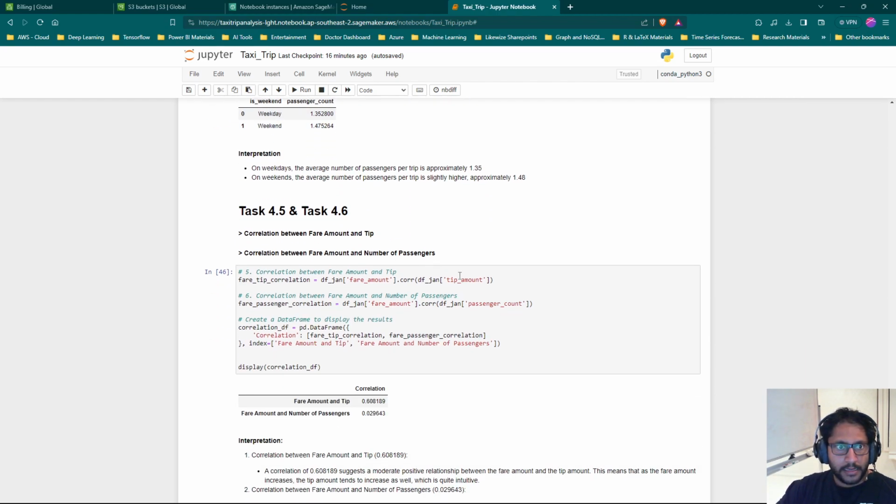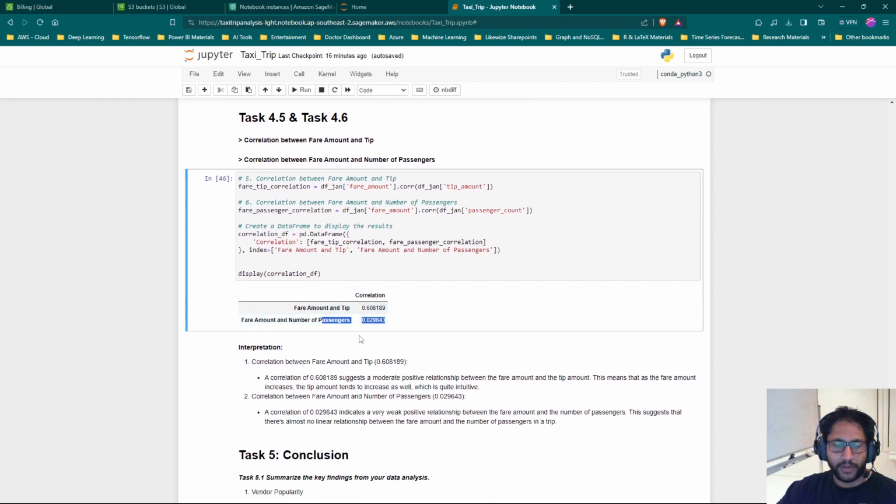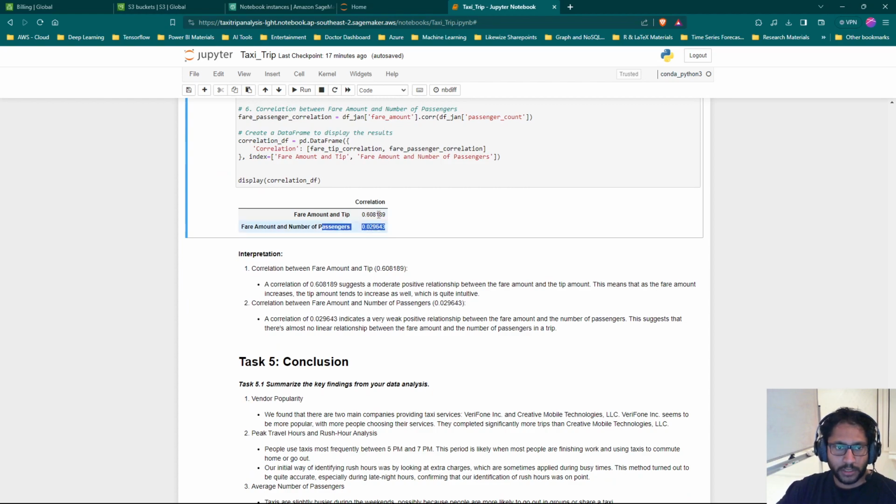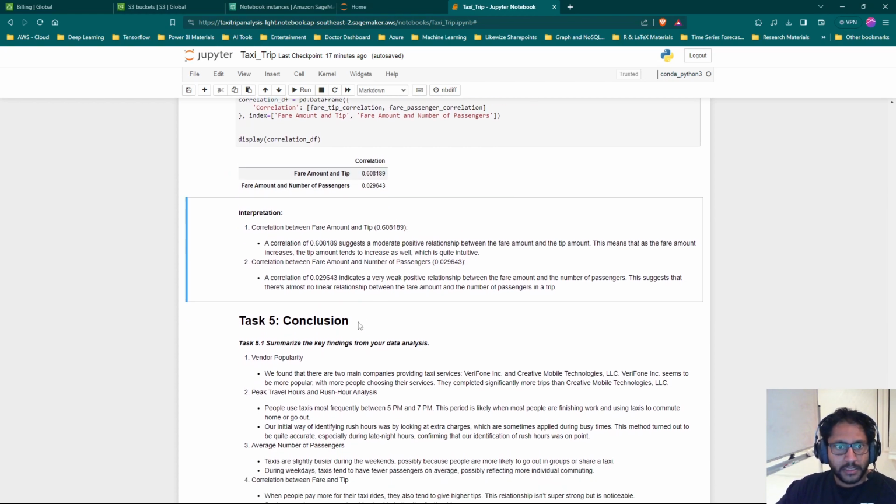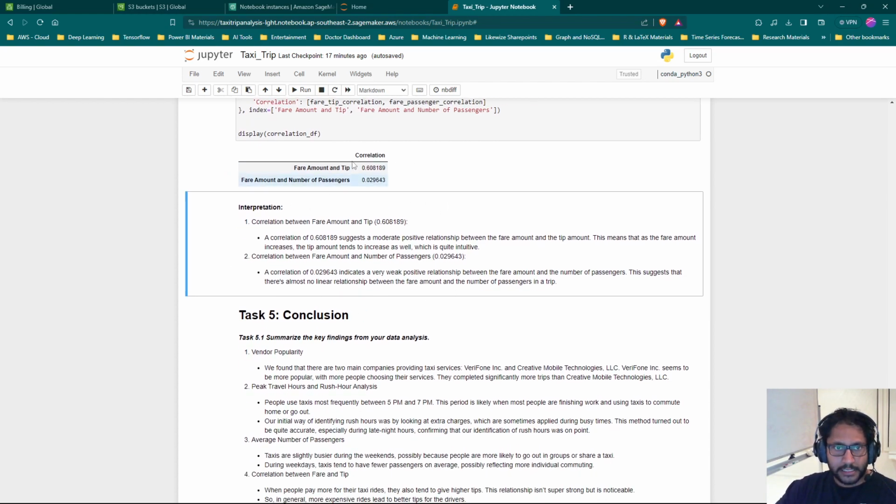Okay, and then in terms of correlations between fare amount and tip amount and number of passengers, as you could see, this is highly or moderately highly correlated. This is not at all correlated, so it's a very weak positive correlation, but both are positive correlations. Okay, so that's what I can say in terms of them.